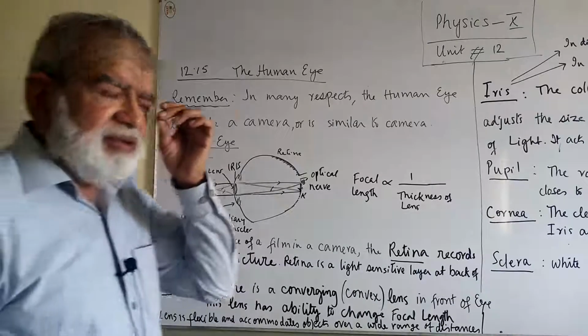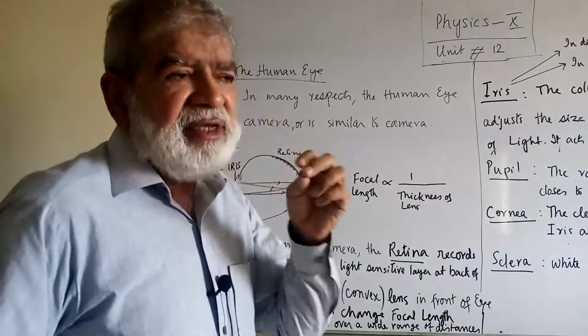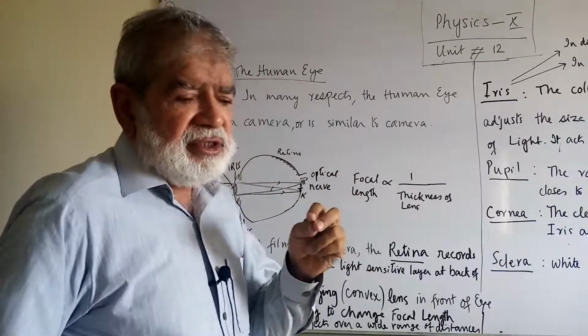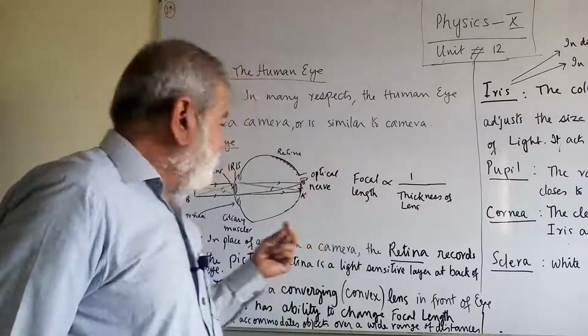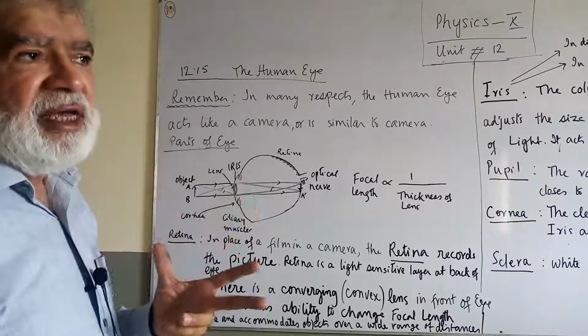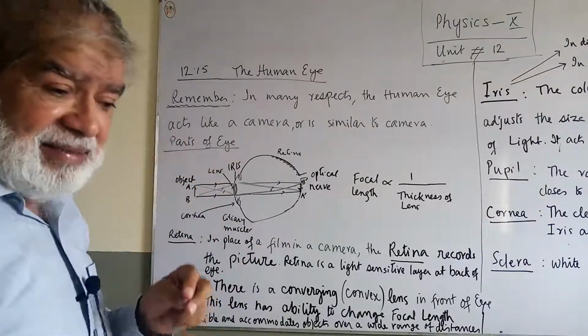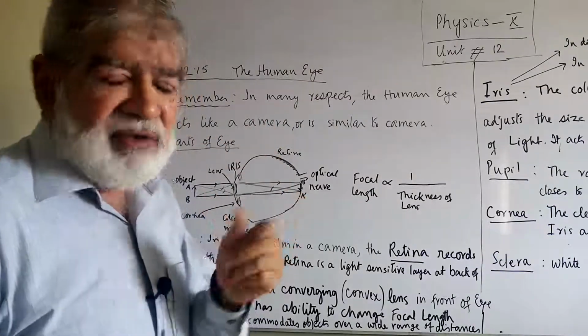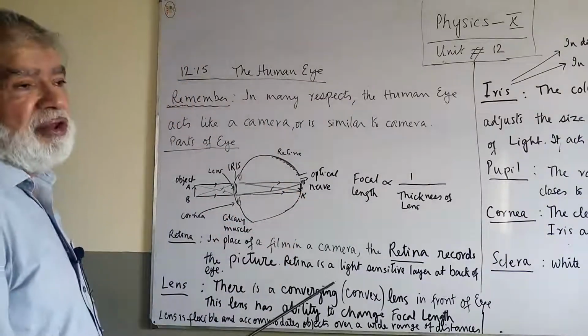And this lens, unlike the lens of the camera in which the focal length is fixed, over here the focal length is not fixed, and the human eye has the ability to increase or decrease the focal length of the converging lens or the convex lens.